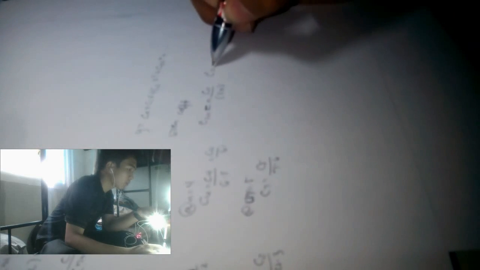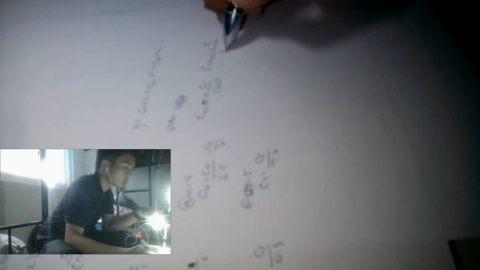So c sub 2n plus 1 is c sub 1 over 2n plus 1 factorial.